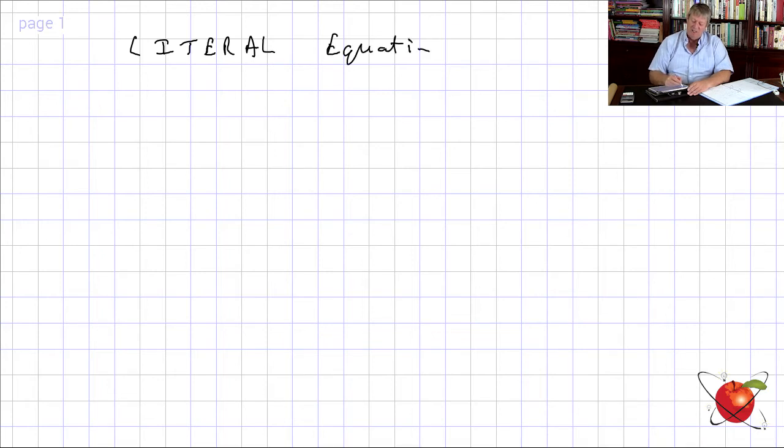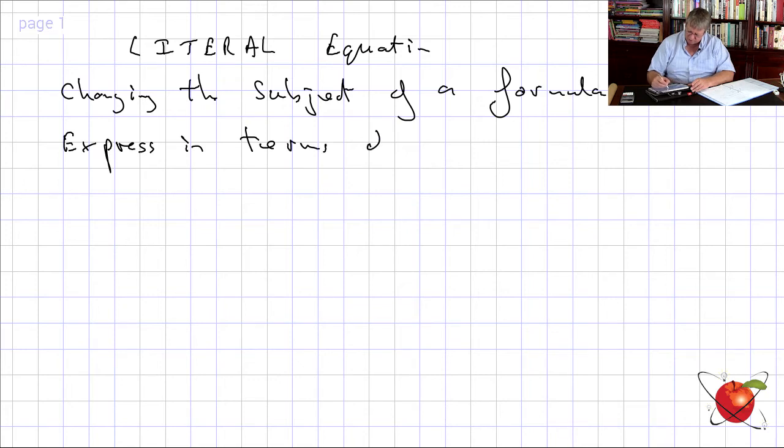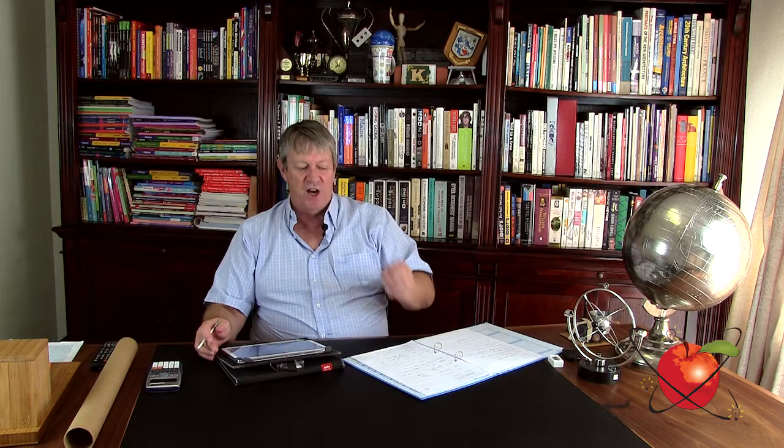The other thing is it's called changing the subject of a formula. Okay? The other thing is they could say express in terms of something, right? Those are the hidden sort of elements that we need to do, all right?